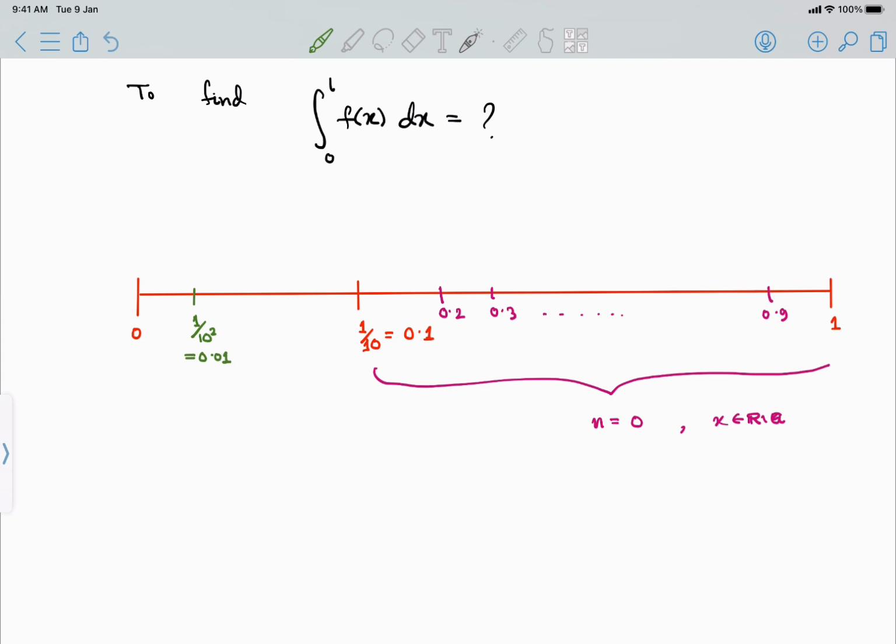All the numbers after that have only the first digit after the decimal point equal to 0, like 0.02, up to 0.09. So all these points have n equal to 1.